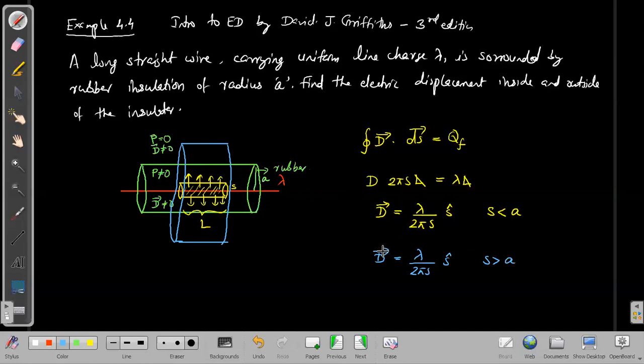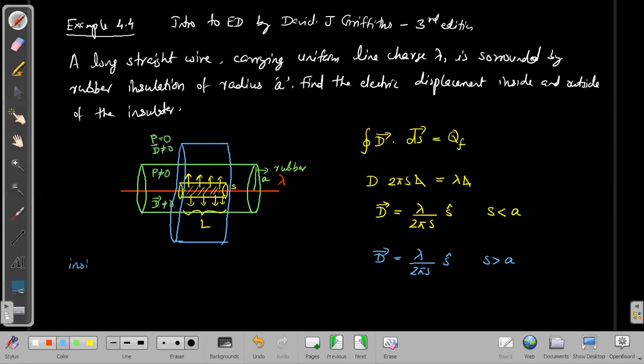So I have got the electric displacement inside the cylinder as well as outside the insulating cylinder. Now inside the cylinder, the polarization is non-zero, so it is not possible to find the electric field inside the cylinder directly.